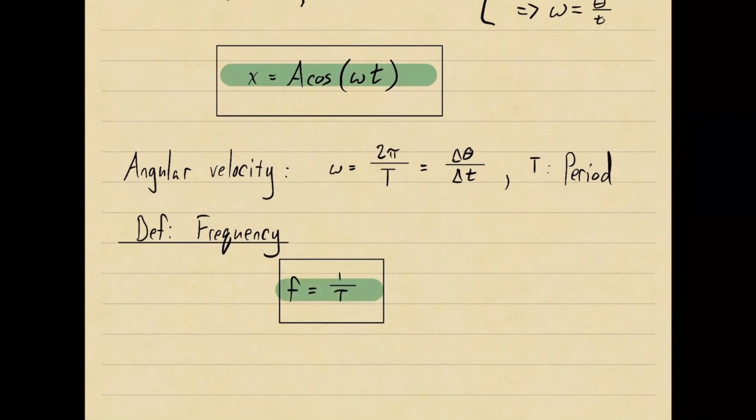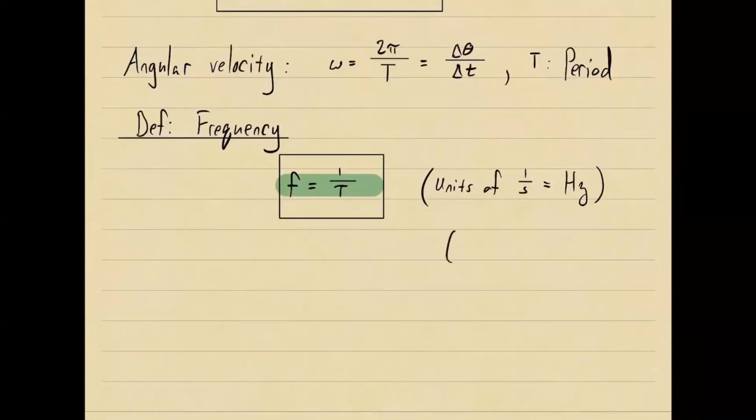If we know the period T, we just invert it, 1 over T, and that'll tell us the frequency of this motion. This is going to be in units of 1 over seconds, but for units of 1 over seconds, we gave it a fancy name. It's called the hertz. So Hz is just short for the hertz.